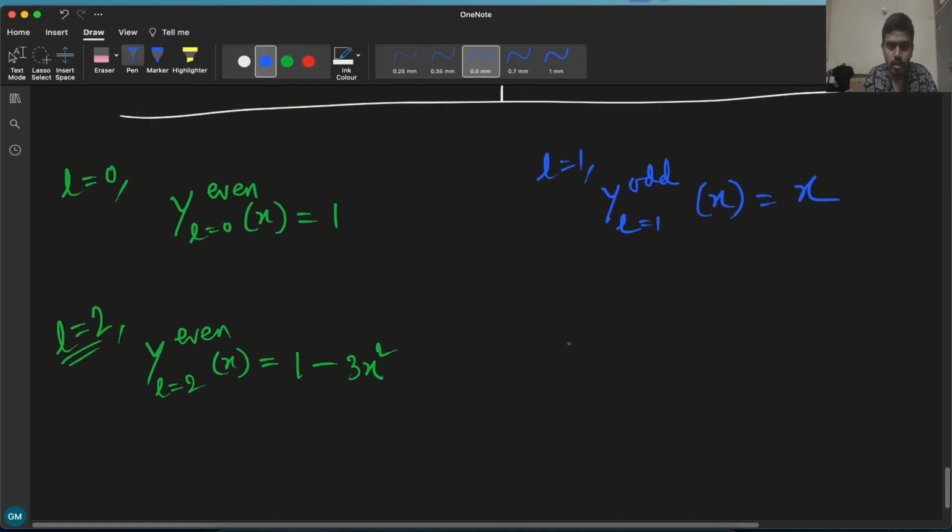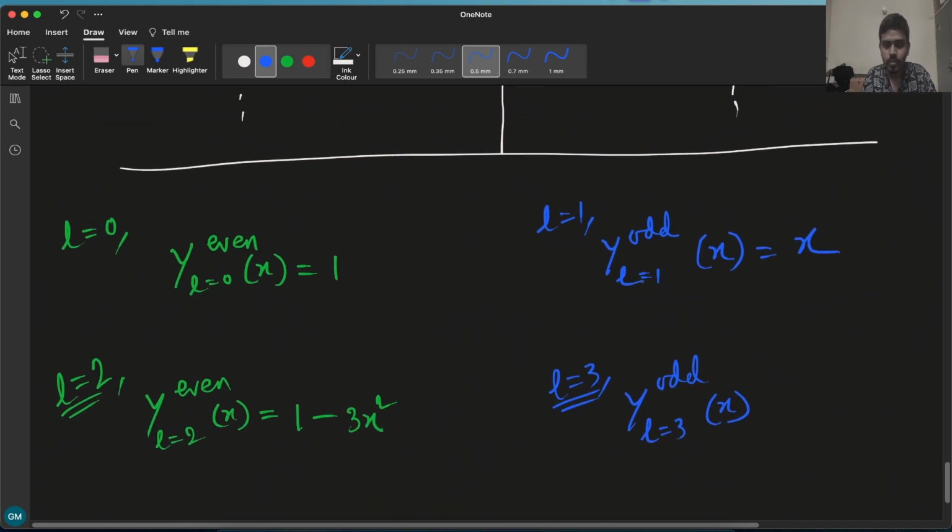For L equals 3 we will take the odd series. It's because for L equals 3 and L equals 1 the even series will diverge at x equals plus minus 1, and for the same reason for L equals 0 and 2, the odd series will diverge for x equals plus minus 1.